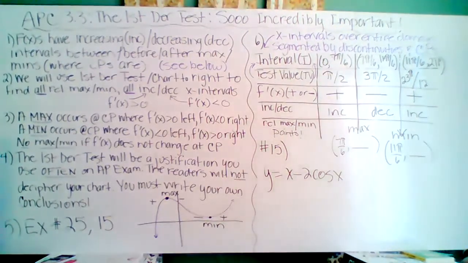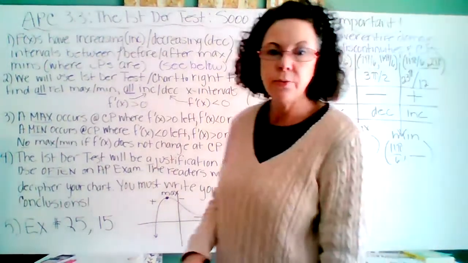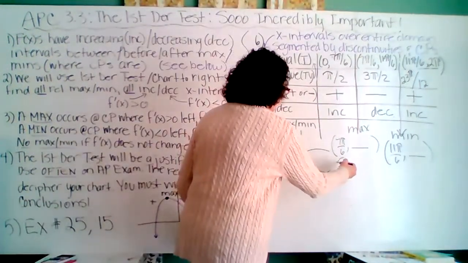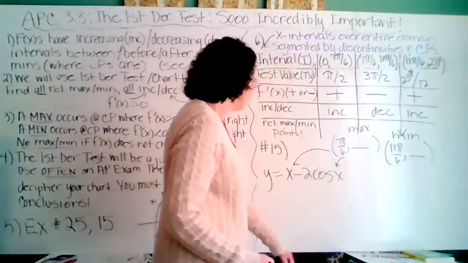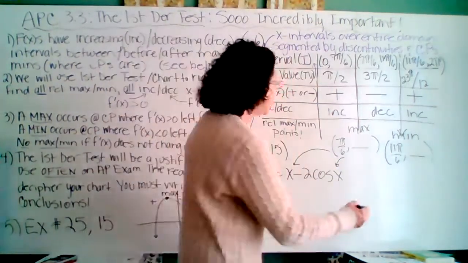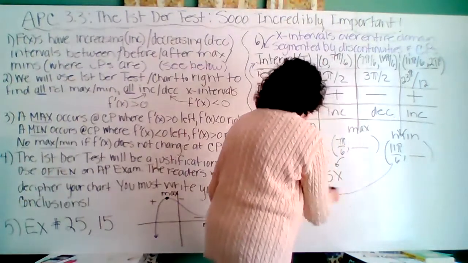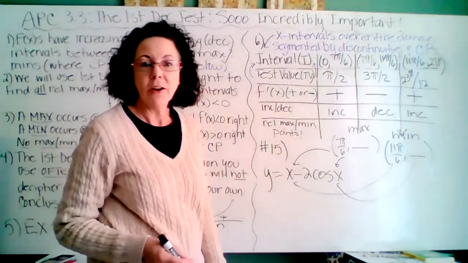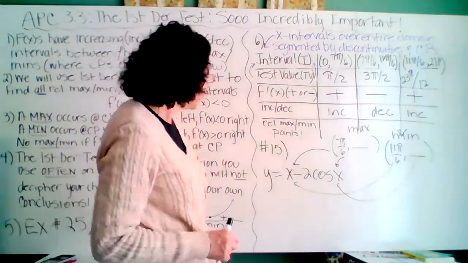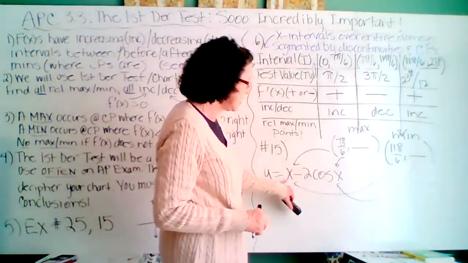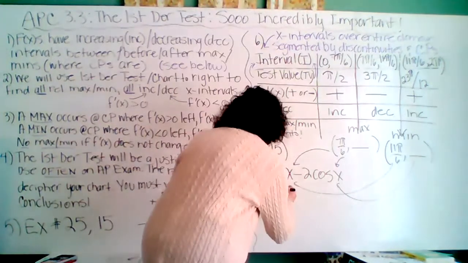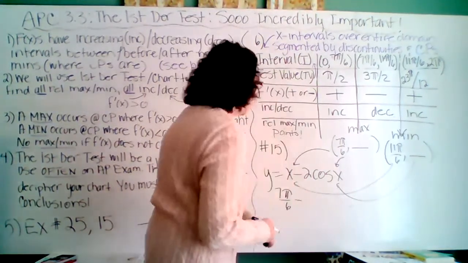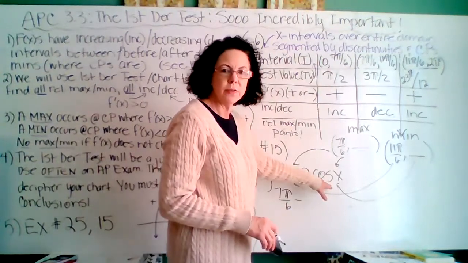Okay, and then what we would do is, into the original function, we would put 7 pi over 6 here and here, and 11 pi over 6 here and here. We might as well keep going. It's kind of ugly, but we're going to do it. Notice when you put in 7 pi over 6 here, you have 7 pi over 6 minus 2 cosine of 7 pi over 6.